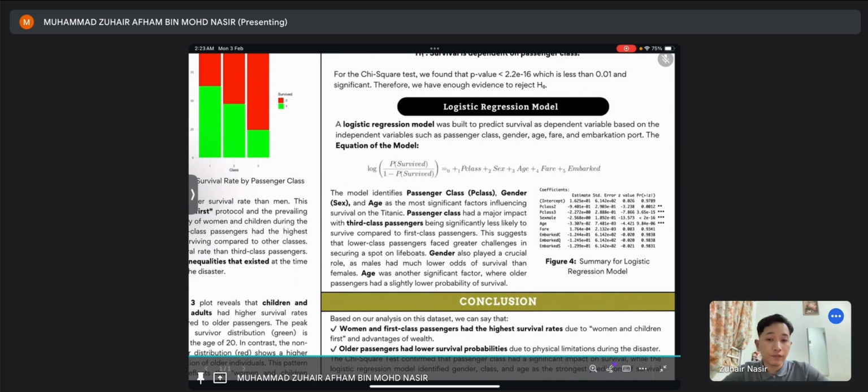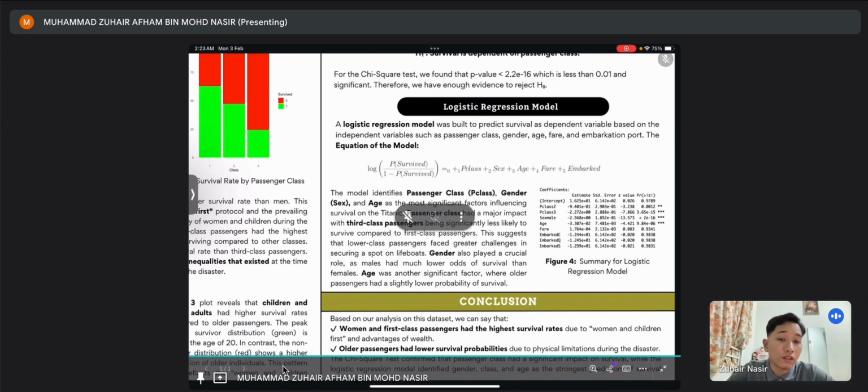And then gender, where males had significantly lower odds of survival than females. And then age, where older passengers had lower survival probabilities compared to the youngest.